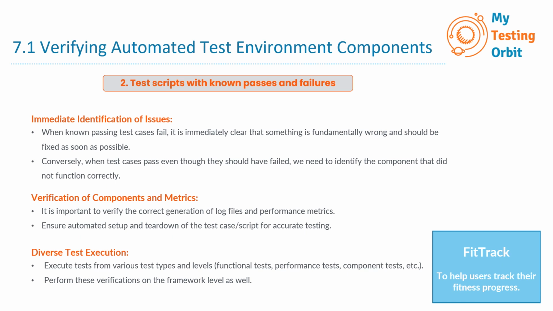So testing at different types: functional, performance, components, and levels, individual features, overall structure. It helps ensure that our application FitTrack works smoothly, both in its separate parts and as a unified and reliable fitness tracking app.